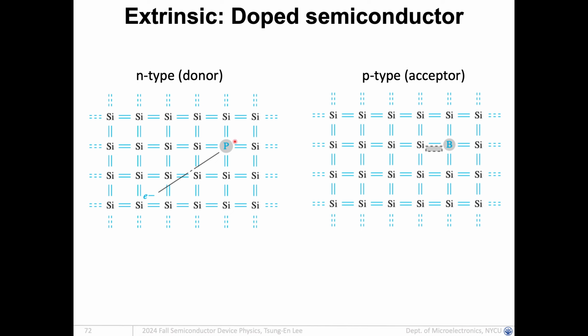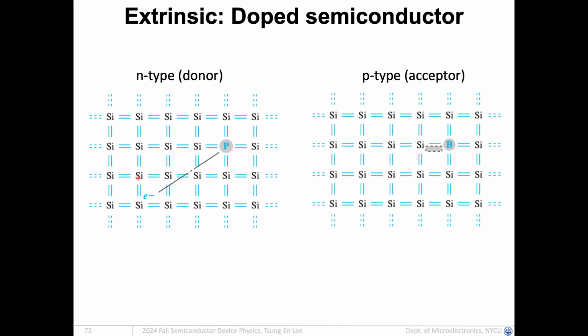If we replace some of the silicon with a group V element, such as phosphorus as a donor, then silicon has 4 valence electrons, but phosphorus has one more electron than silicon. This still keeps the whole solid neutral, which means ideally it is not in an ionized situation.